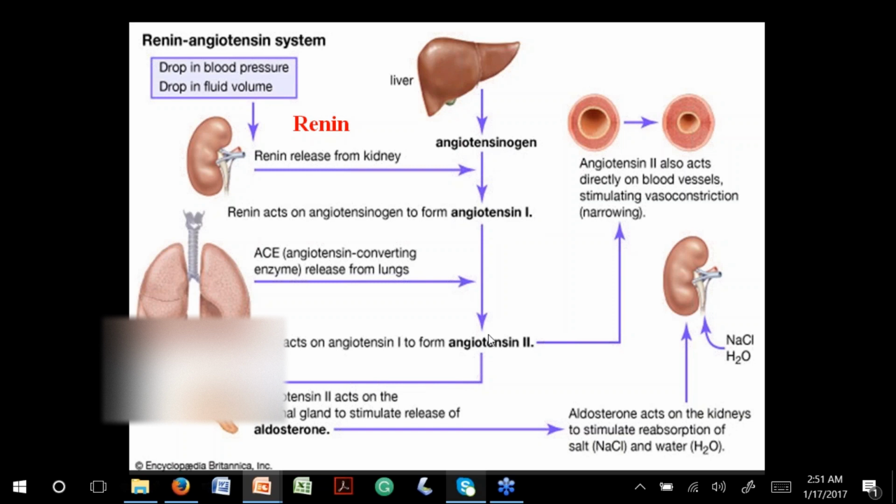angiotensin has its name for a reason, because these substances can produce vasoconstriction of the peripheral vessels. So, in conclusion here, the renin is going to be inhibited by this renin inhibitor, and the renin inhibitor produces this blockage of the cascade.